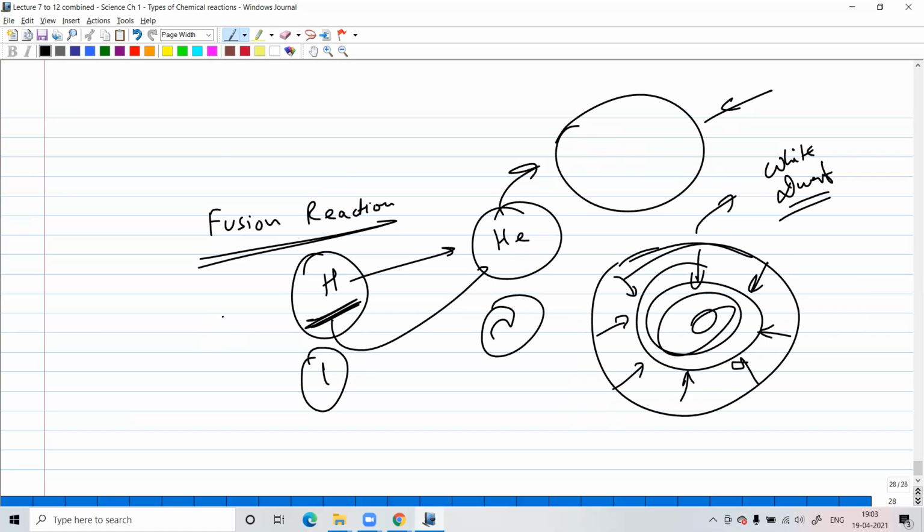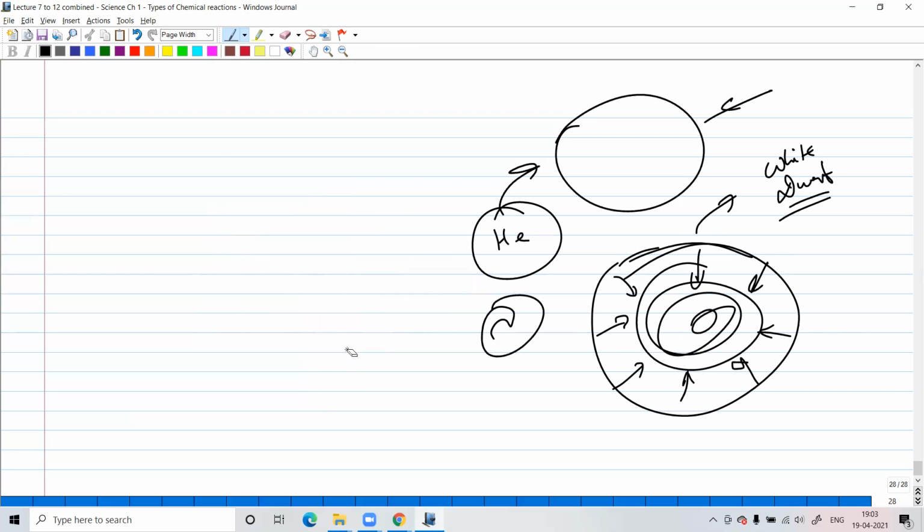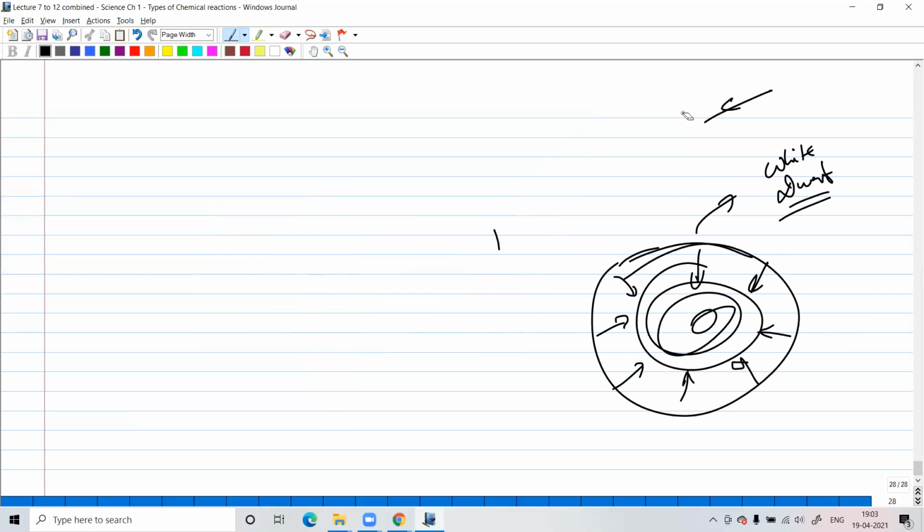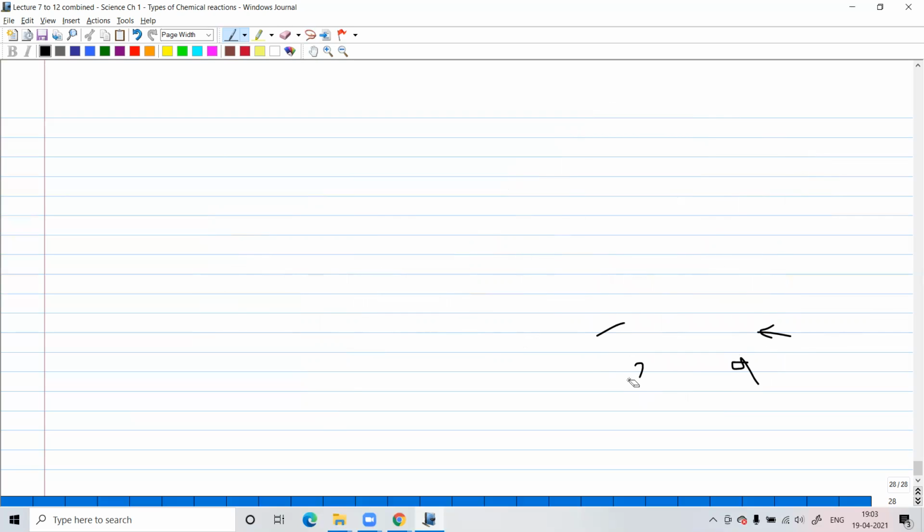So is there any star known which has become solid and blasted off? Yes, there are billions of stars. Scientists have studied so many stars like that. It keeps happening every now and then. It's a very common thing for the life of a star to get over.